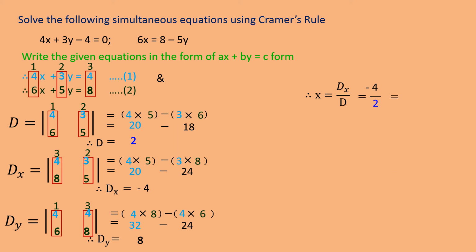So the value of x is minus 2. Similarly, I will find y. So y equals dy upon D. The dy value we know, dy is 8 and D is 2. Further when I simplify, I get the answer 4.